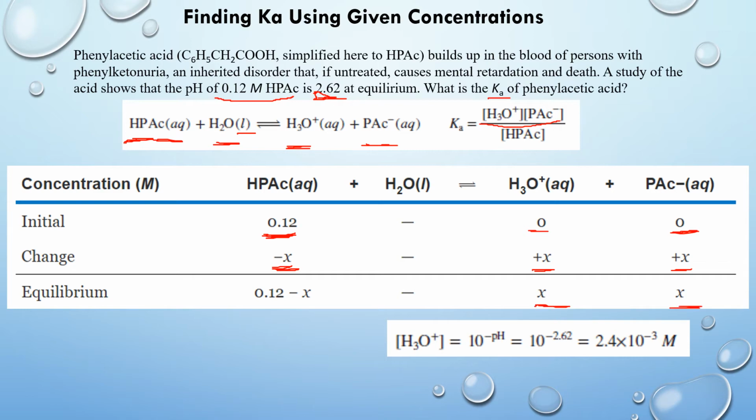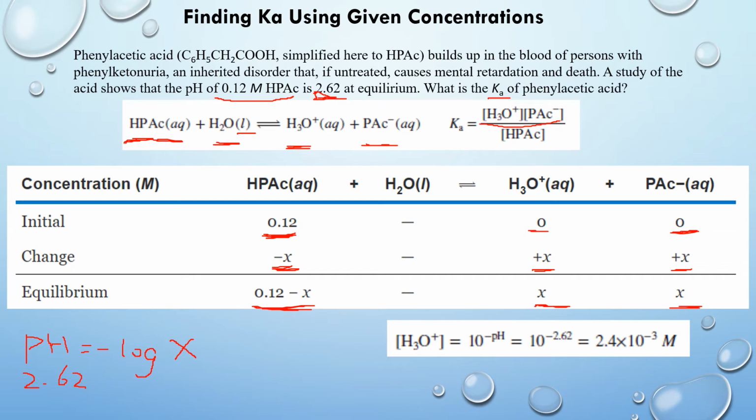We can solve for x using the pH, because, remember from the previous lecture, pH is equal to the negative log of the proton concentration. In this case, we don't know the proton concentration; it is x, but we know the pH is 2.62.